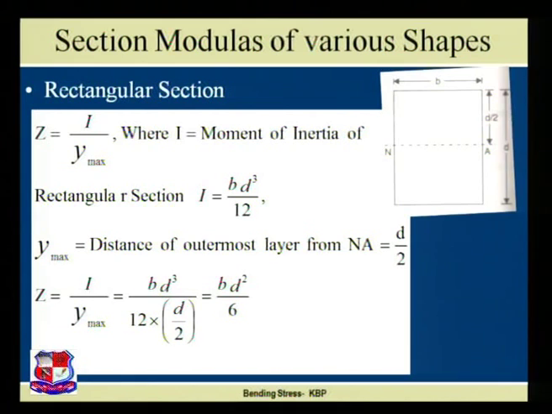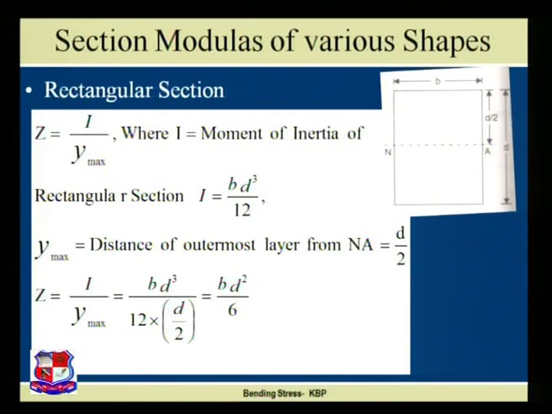If we replace the two terms, I by b d cube by 12 and y max by d by 2, we achieve Z is equal to b d square by 6. So, section modulus for rectangular section is b d square by 6.